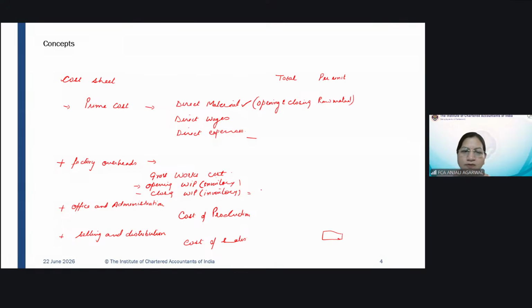This gives you the net works cost. And when you add office and administration expenses, you get cost of production.